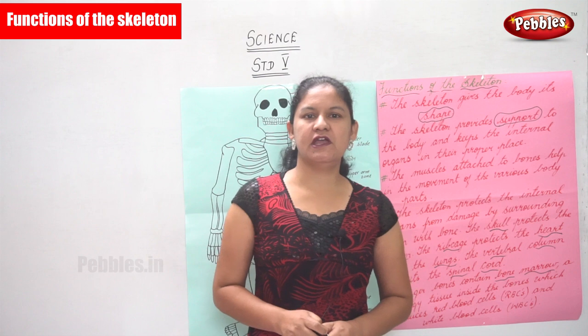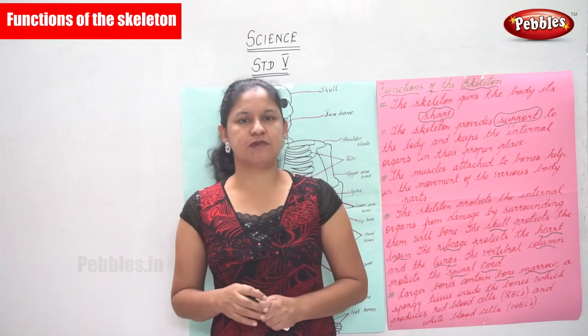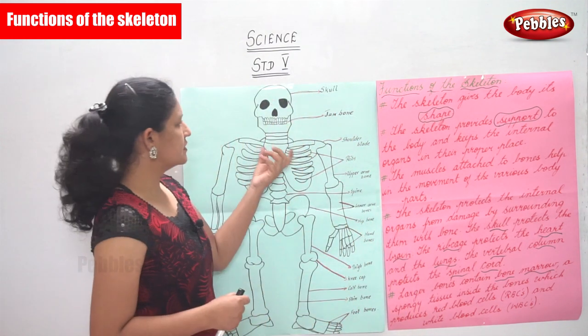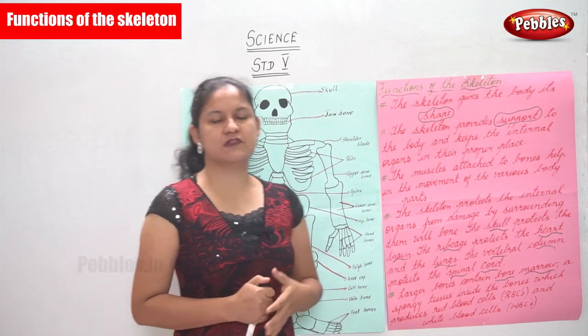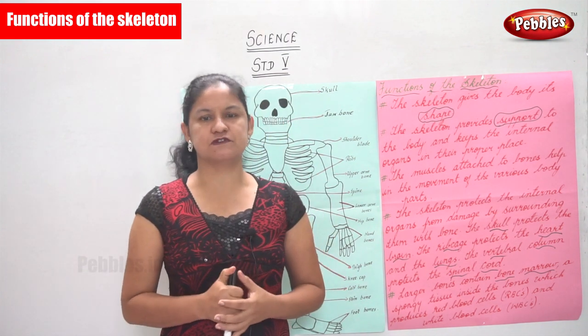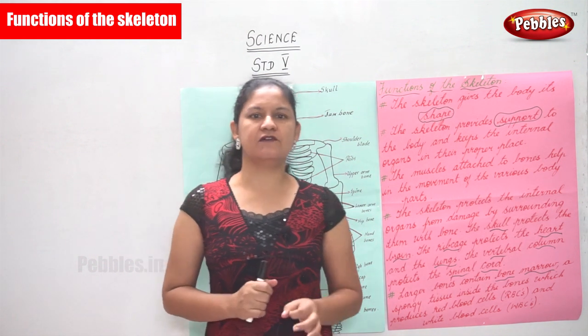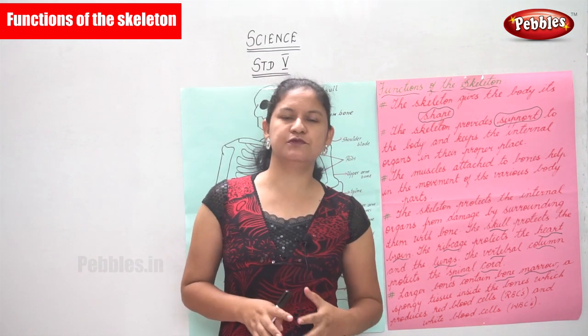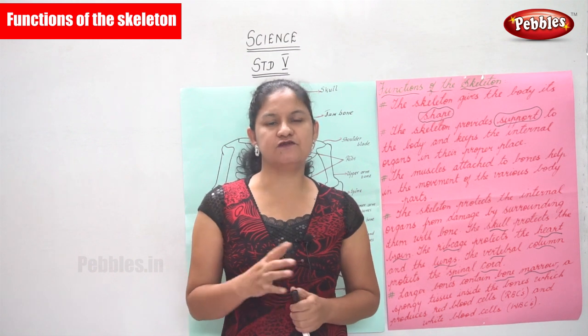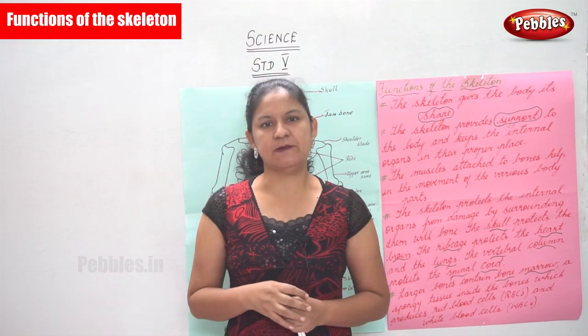So we have already spoken about the muscular system, that is the different types of systems in our body and how each and every system contributes to the entire functioning of the body.